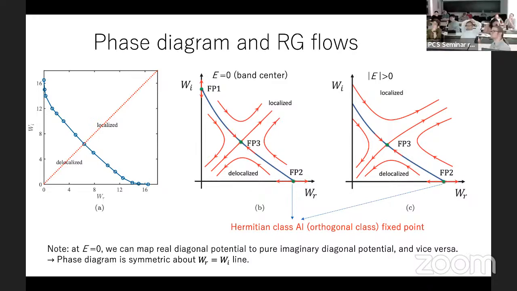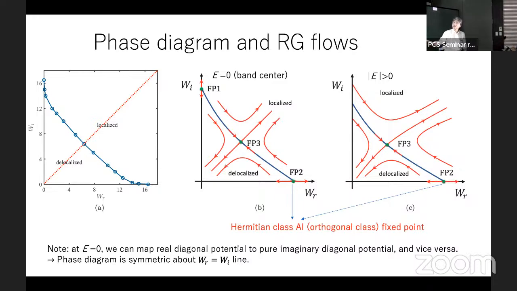So if we start with this and we use the RG procedure by dissipation, then WR increases, WI increases. So this is the Anderson transition, the standard Hermitian Anderson transition.